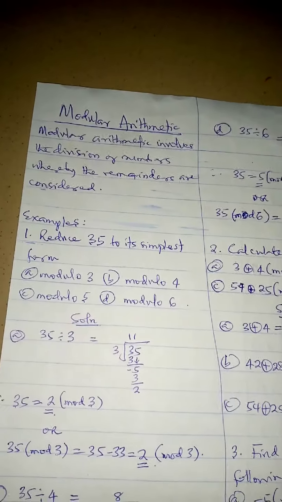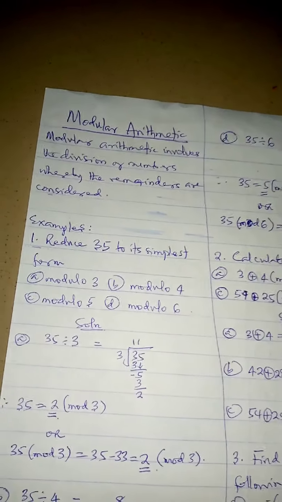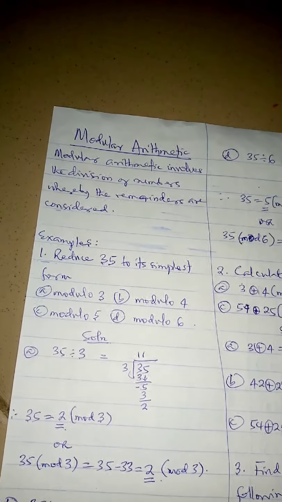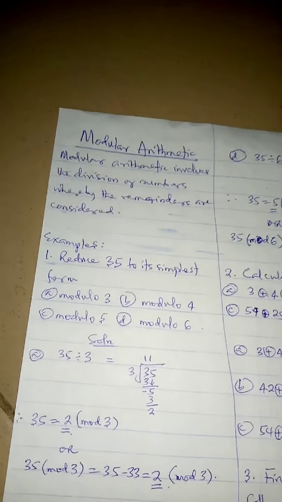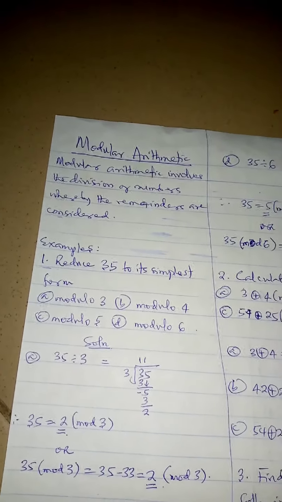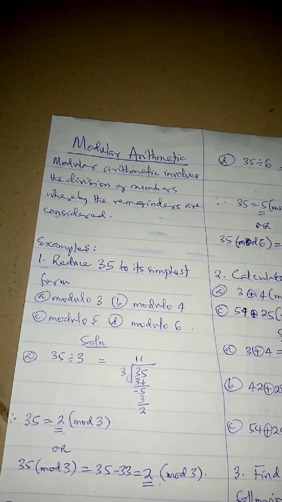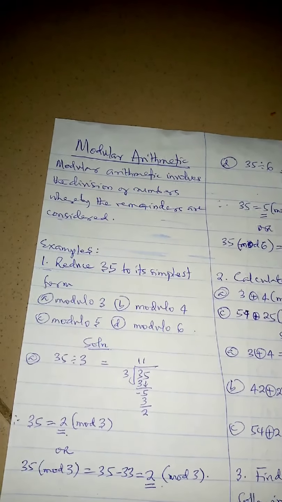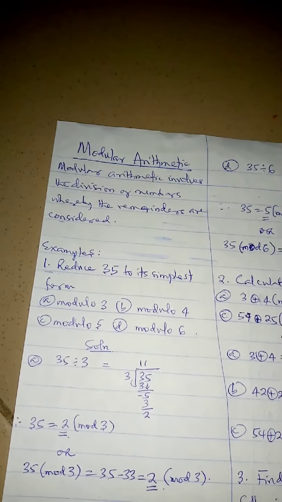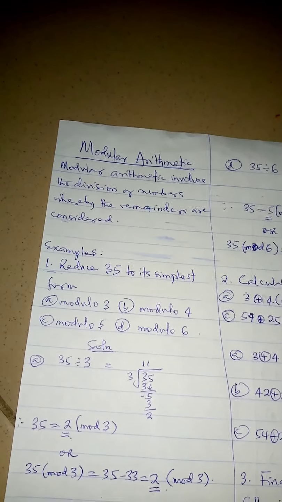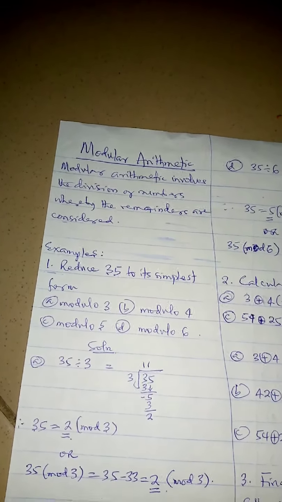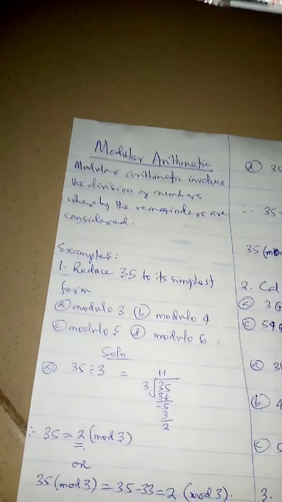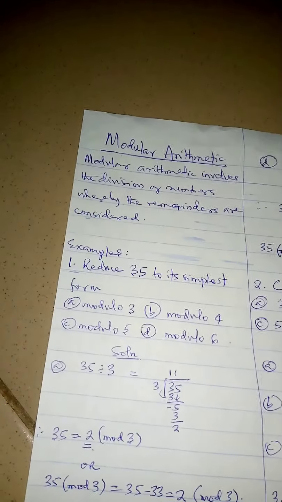Good afternoon, class. Today we'll be considering modular arithmetic, another topic entirely from statistics. When you are talking about modular arithmetic, here you'll be doing division of numbers, whereby you consider your remainders. Your remainders are the answers you write.